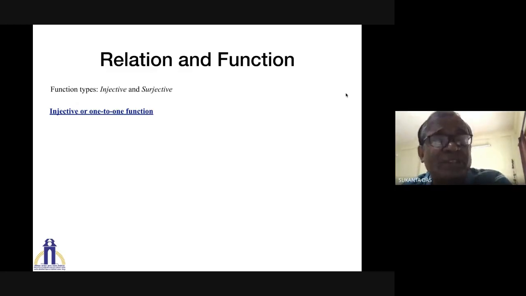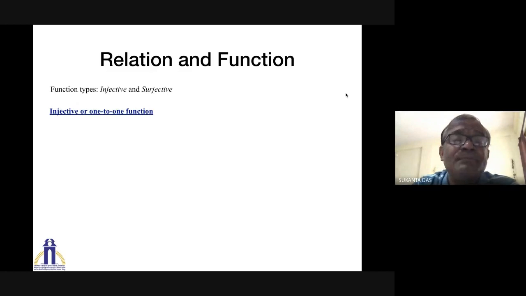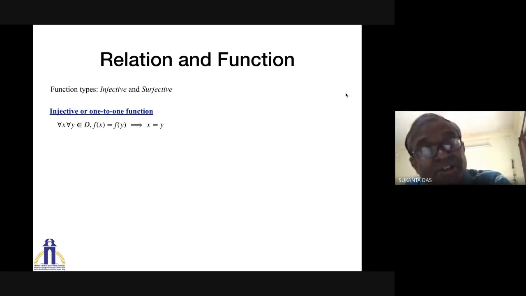Both names are used simultaneously, injective and one-to-one, with the same meaning. The name one-to-one is more appealing, because from this name we understand what it wants to mean. It is defined in this fashion: for all x, y in D, if f(x) equals f(y), it necessarily implies x equals y. What does it mean?